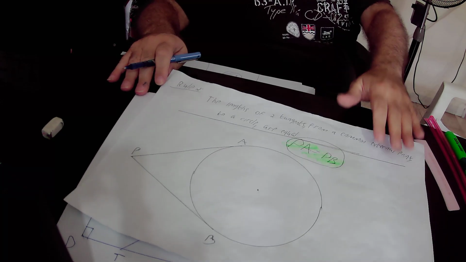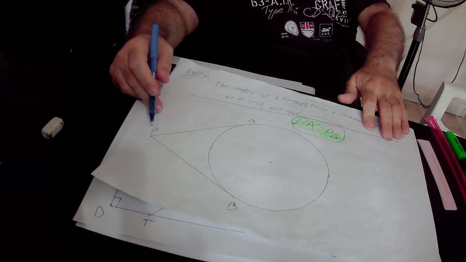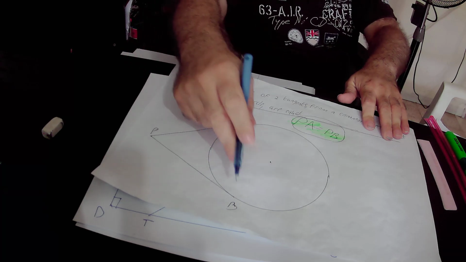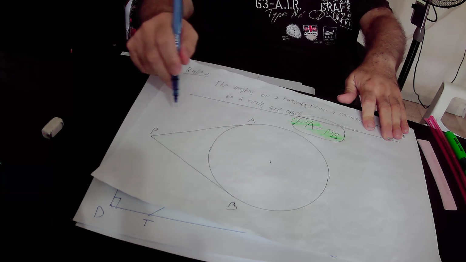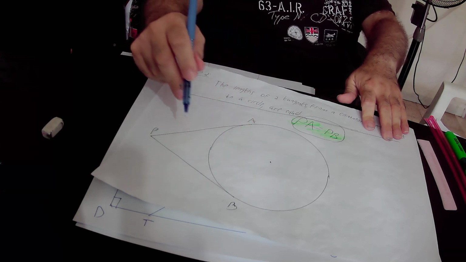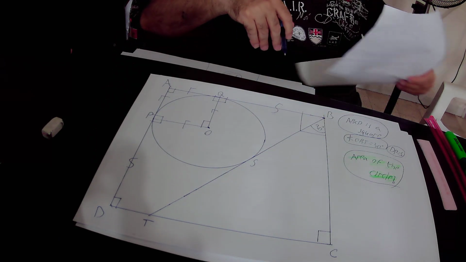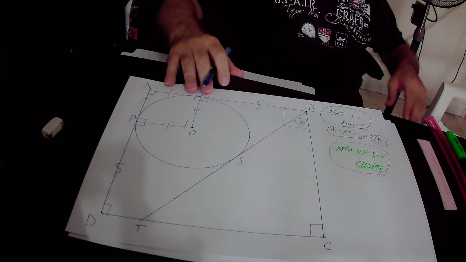So here we have the common external point, point P. From point P, we have two tangents to the circle, tangent PA and tangent PB. According to this rule, the length of tangent PA equals the length of tangent PB, or PA equals PB.